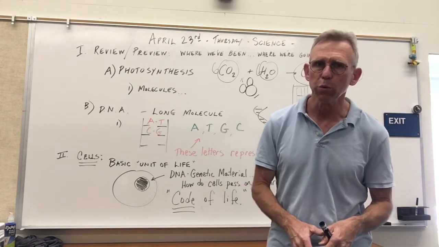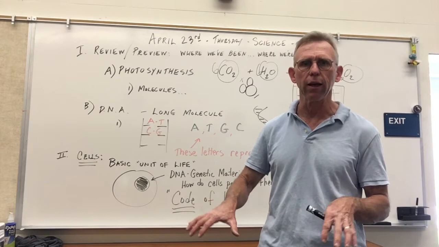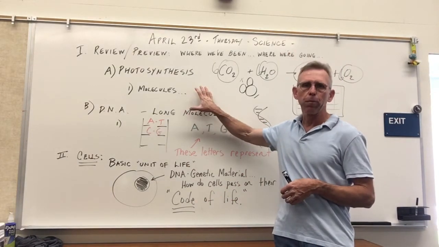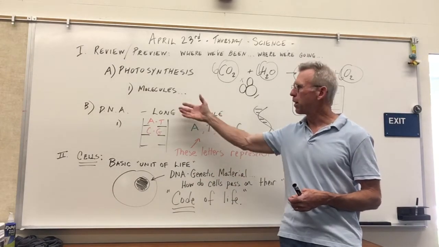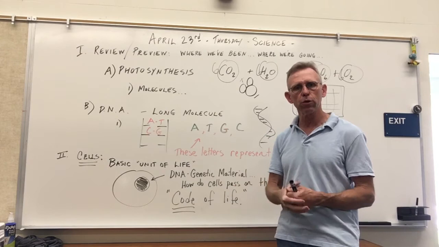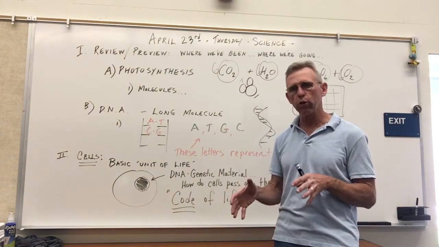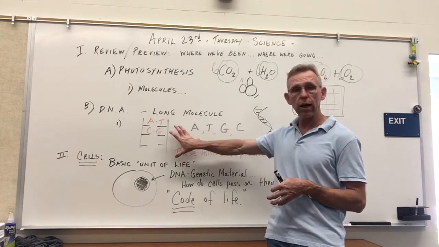So the quick review preview, the big takeaway from this today, if I've gone over a lot or if I've gone over quickly, is simply this. We've had a lot on, hey, what are atoms and where do they come from? Atoms then get together to build up to make molecules, and what we're going to be moving into over the next week is, okay, great, you've got these special molecules, some of them that are alive.